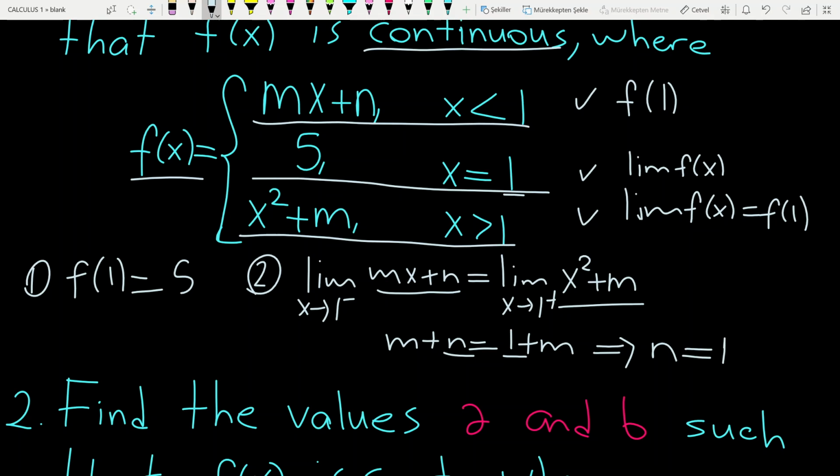When you make the first and third conditions equal to each other, it means 5 is equal to m plus n, or m plus 1, since n is 1. In this case, m is equal to 4. So, when m is 4 and n is 1, the given piecewise function is continuous everywhere. It is done.